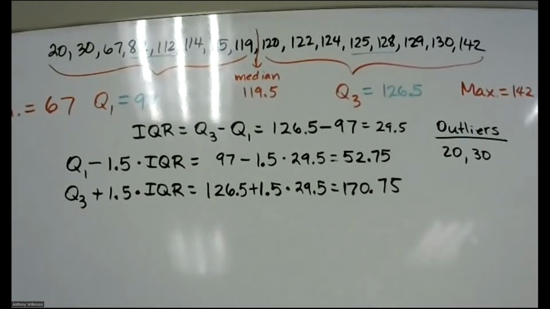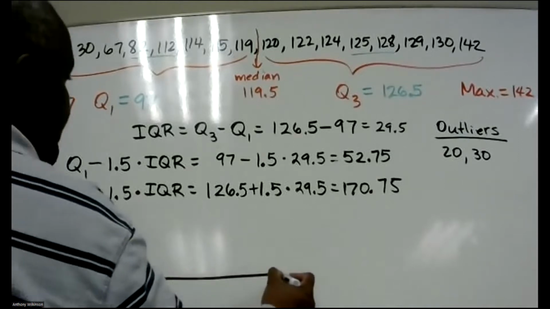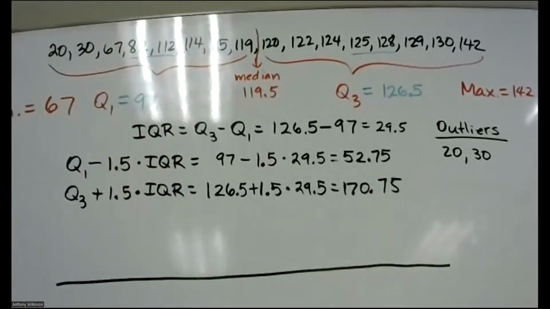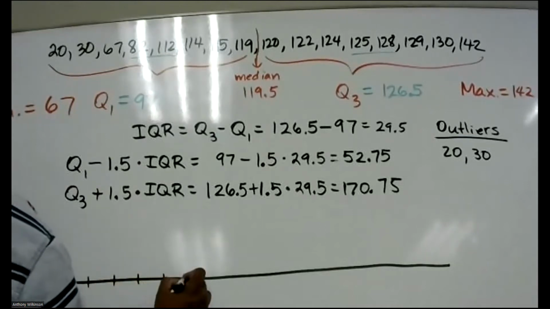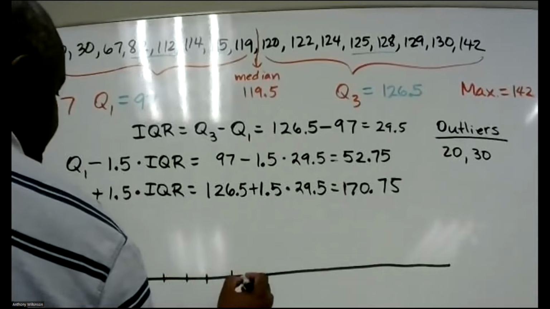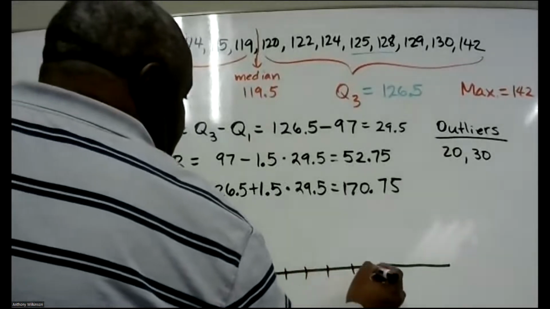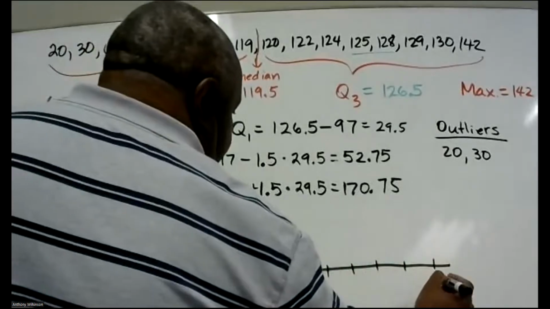Now from this, I can draw the box plot. Okay. And this will start at 0. Let's see, 10, 20, 30, 40, 50, 60, 70, 80, 90, 100, 110, 120, 130, 140, 150.